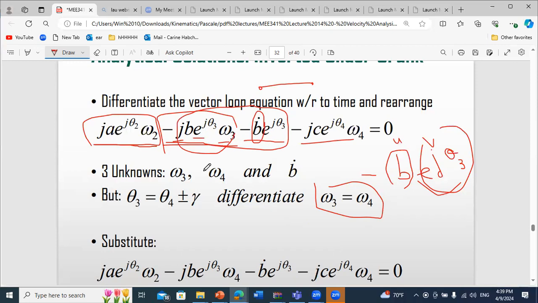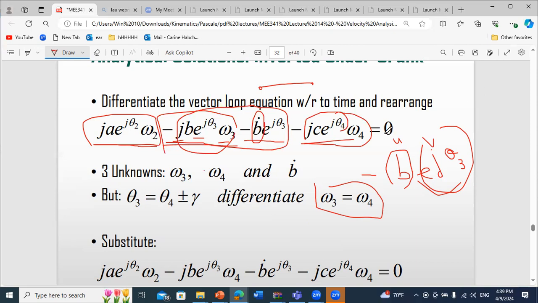Because you have a minus before the vector, it's minus j B e^(j theta 3) omega 3 minus B dot e^(j theta 3). While for the third vector, as we said, only the angle is varying, so it's minus j C e^(j theta 4) omega 4. And O2O4 is a fixed vector, so it will cancel out in derivation.